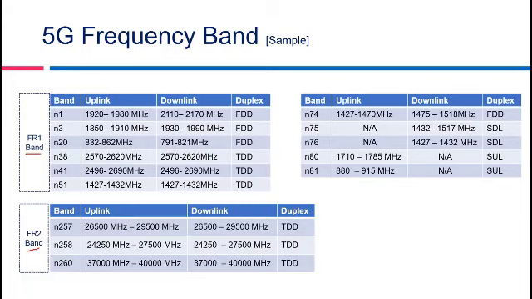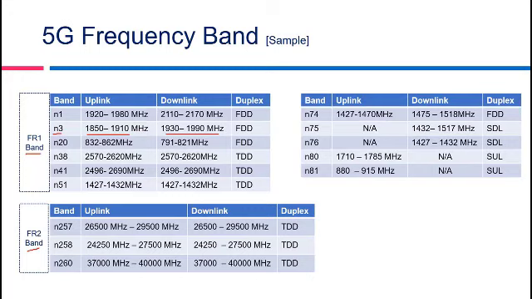Some are newly introduced frequency bands and some are used from legacy technologies. For example, LTE band 3, which is B3, is reformed here as N3, and the frequency range is also the same.